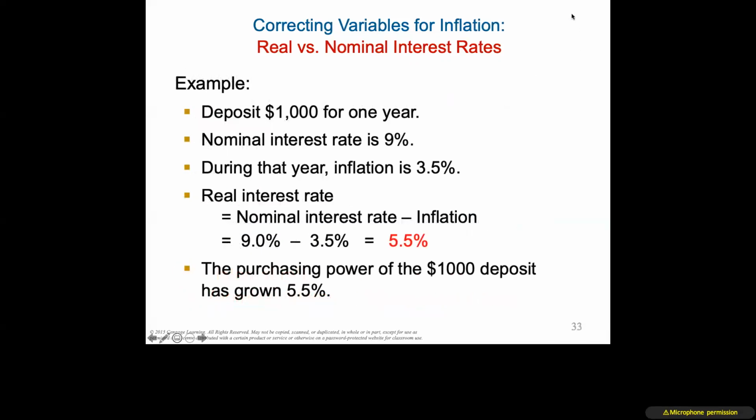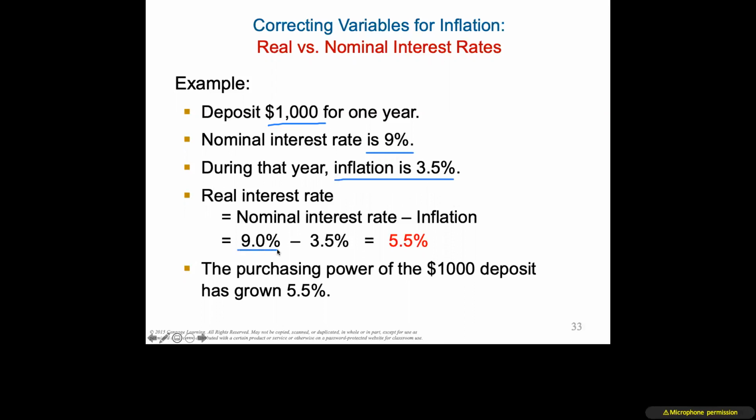So for example, if you deposit $1,000 for 1 year and the nominal interest rate, which is the one you would see if you walked into a bank or looked on the internet, is 9%. So during that year, the inflation rate is 3%.